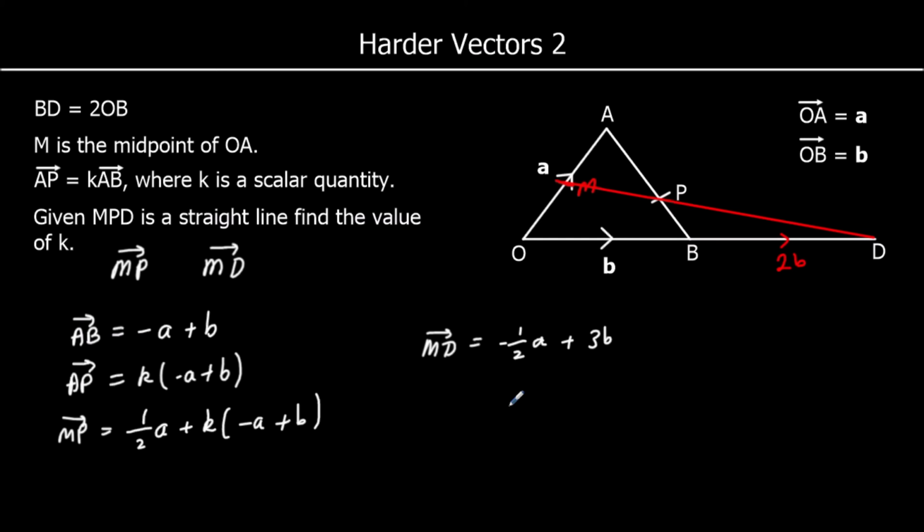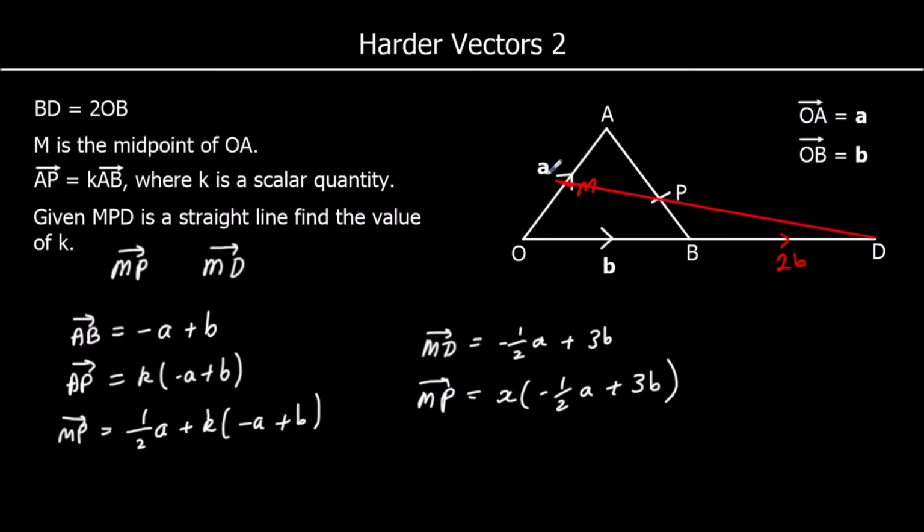So we can say one's a multiple of the other. I can change M to D into M to P by just multiplying it by something. It's some multiple of M to P. I don't know what X is.